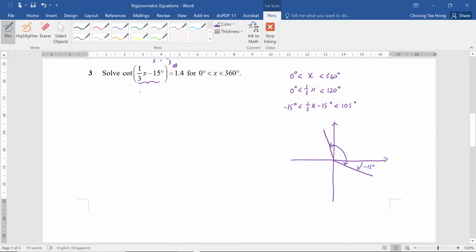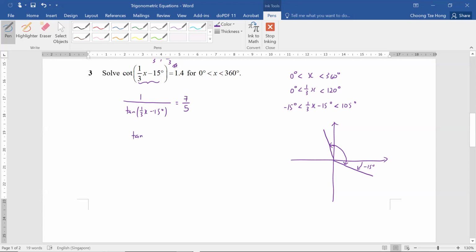Right, so this is cotangent. Remember, your calculator cannot compute cotangent, so we change it to tangent. The relationship between cotangent and tangent is that cotangent is 1 over tangent. So cotangent of (1/3 x minus 15 degrees) is 1.4, and I'll change 1.4 to 7 over 5.